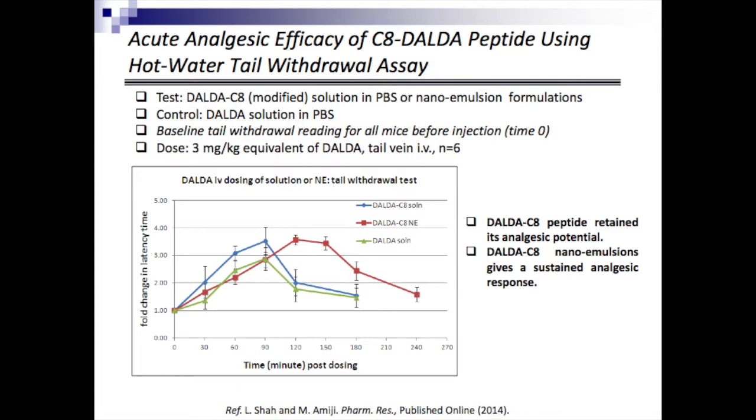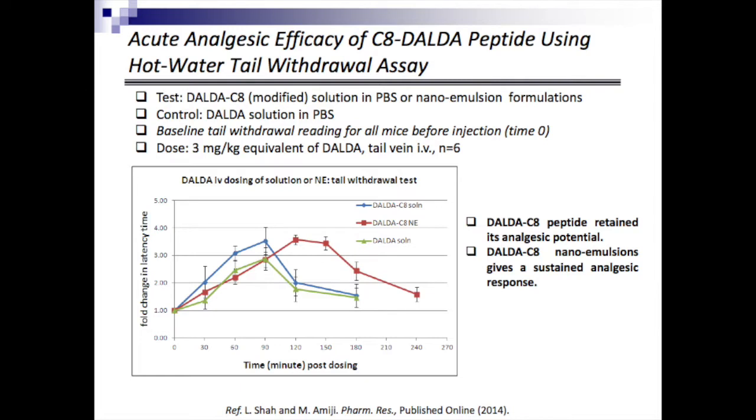The typical time it takes for controls, where the animals are not treated and they can sense the pain, is less than 1 second. They will rapidly withdraw their tail within less than 1 second. So we can measure this latent period that the tail remains and see whether that withdrawal time is extended when you have analgesic treatment.